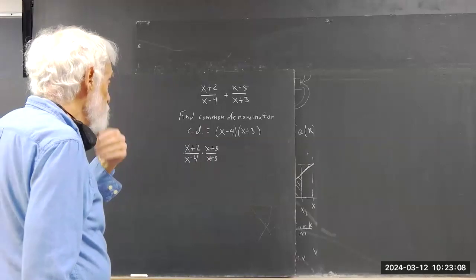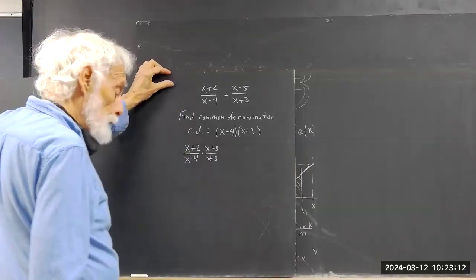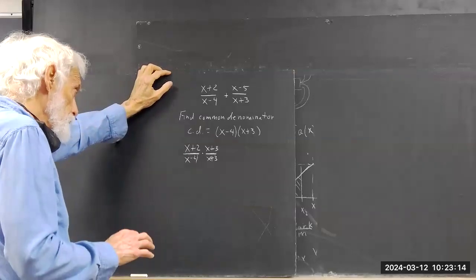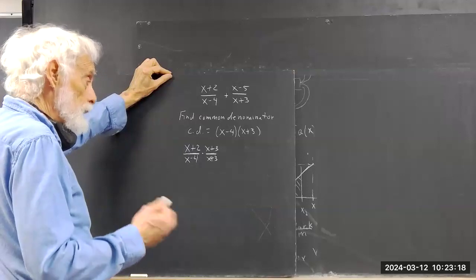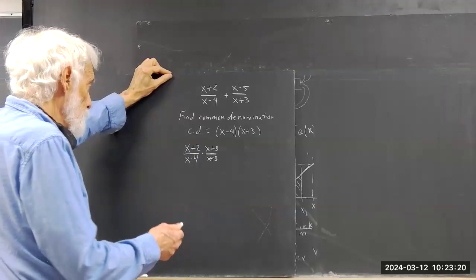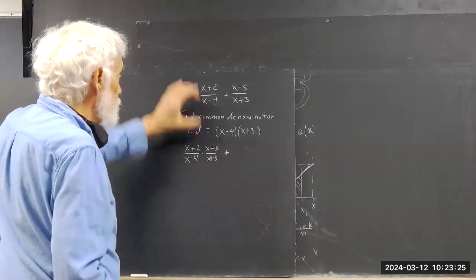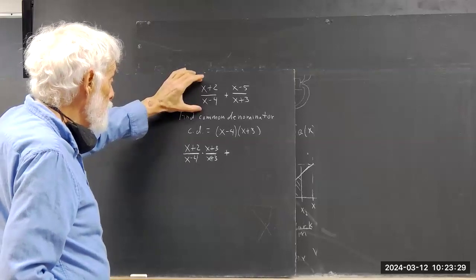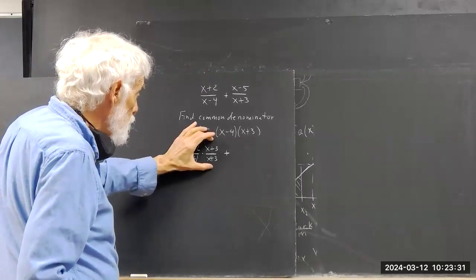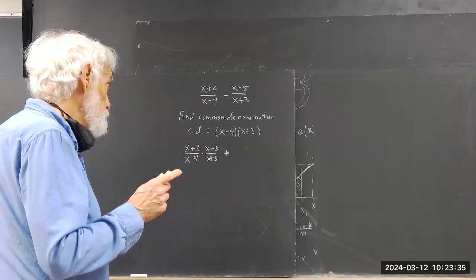Now, you do want to be a little bit careful. We have restriction on the domain and so forth. We're not going to talk about that. We're going to focus on the mechanics of doing this thing, and then later we'll worry about domains. Okay, so this is equal to this. Okay, because all we've done is we've taken this here and we've multiplied it by something that's equal to 1. It doesn't change its value.